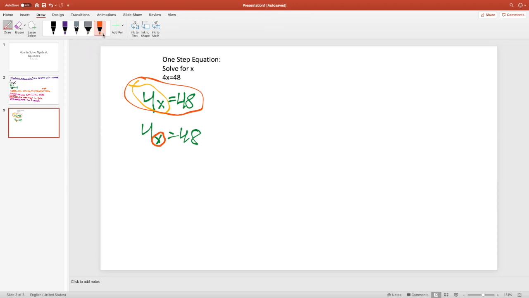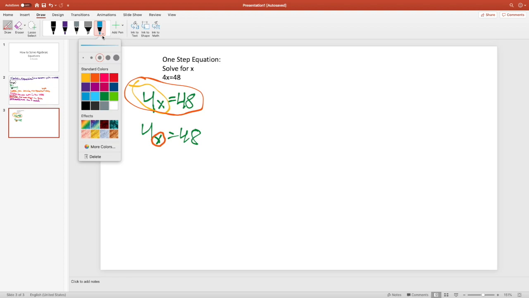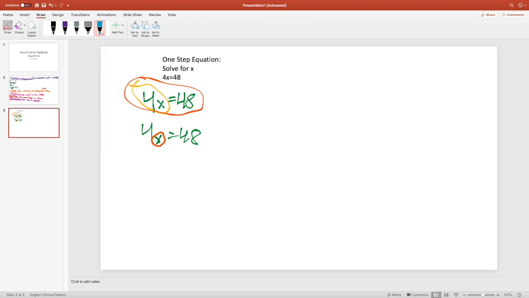Now, here's the fun part. We take the operation we find, which in this equation is multiplication, and we do the opposite. So, instead of multiplying, we're going to be dividing by the number that is trying to change x.